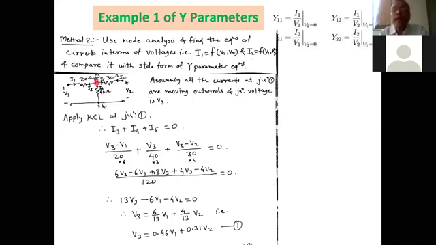So while assuming, take care that V1, I1, V2, I2 are the voltages and currents at the ports only. For junctions, don't take them.